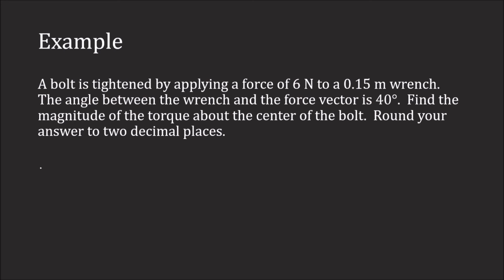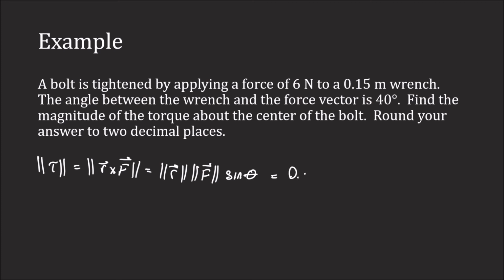So we want the magnitude of the torque. So this is the magnitude of the distance crossed with the force, which is the magnitude of the distance times the magnitude of the force times sine of the angle between them.